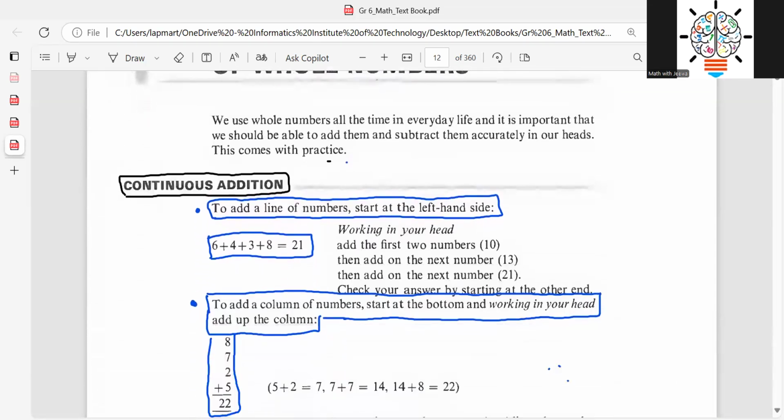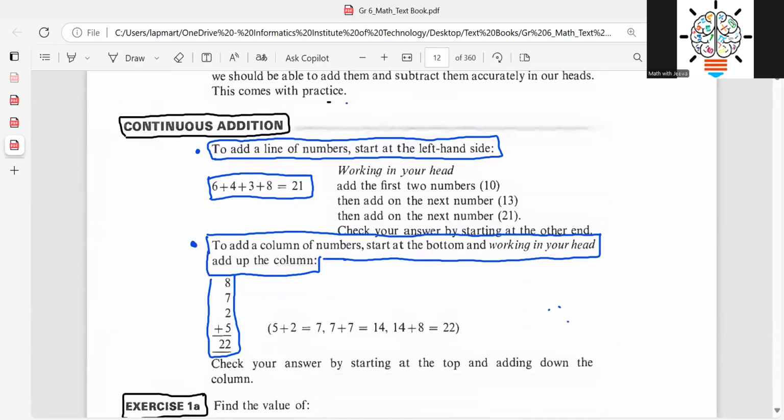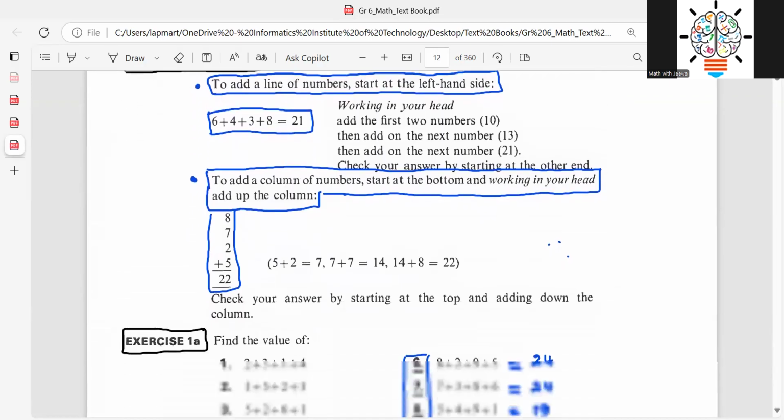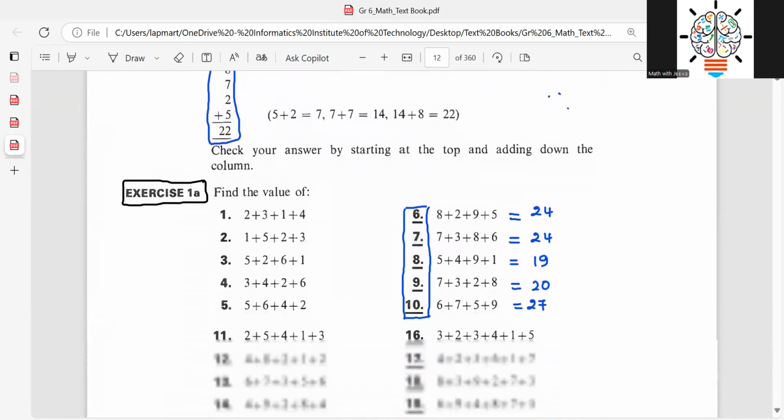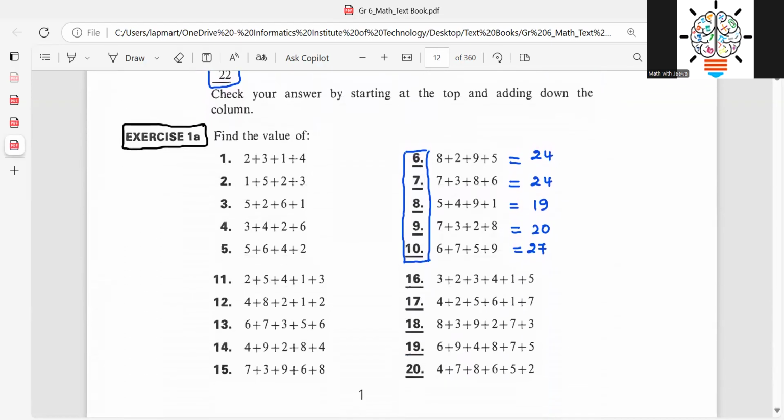To add a line of numbers, we always start from the left side, and if you have a column, you start from the bottom. Those are the things we learned, and I gave you homework: question 1 to 10. Here I have given you some of the answers.